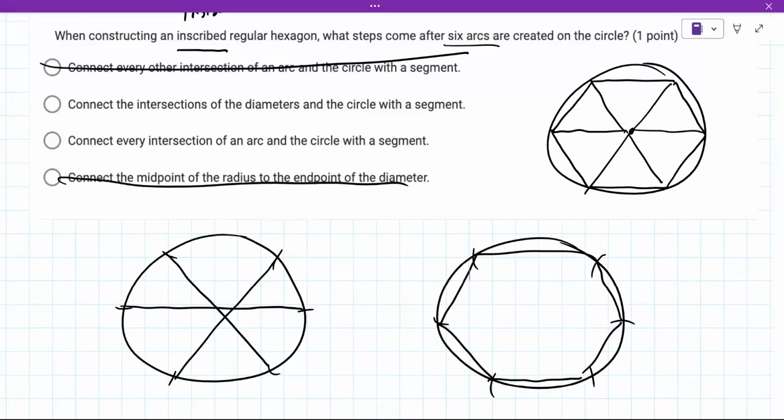Do you have any notes on this? If not, I'll look here as well. Inscribed, regular, hexagon, order.